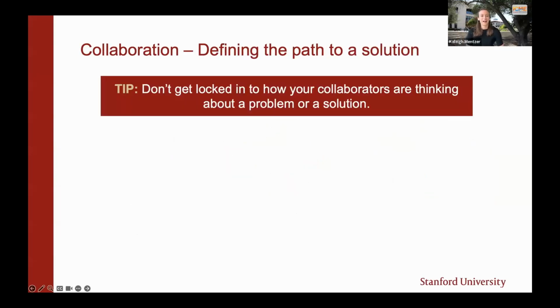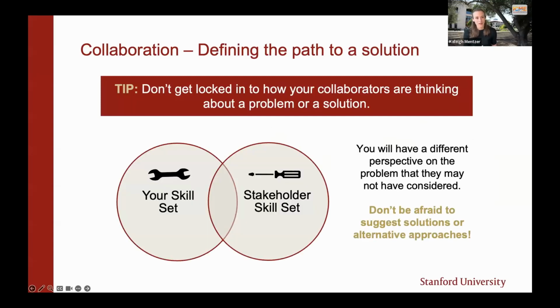So another piece of meta advice here. You want to try not to get locked in to how your collaborators are thinking about a problem or a solution. You have a skill set as a data scientist or whatever your skill set may be, and you were probably brought into this collaboration because you have a different skill set than the stakeholders.